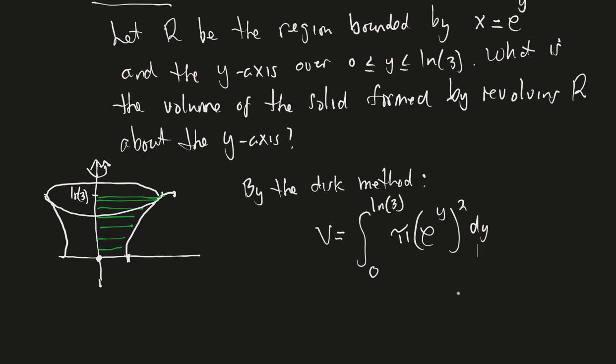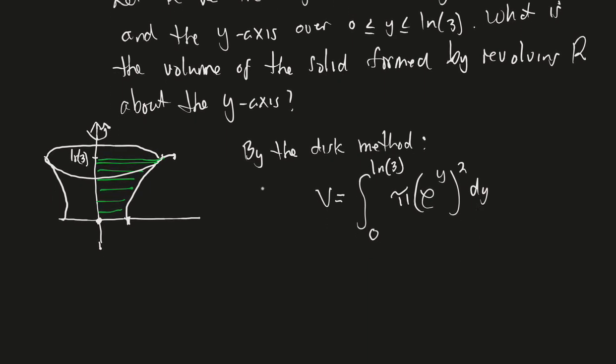And let's evaluate. Again, we can pull out the pi because it's a constant multiple. So we have pi times the integral from 0 to the ln of 3. Now this simplifies to e to the 2y. Again, when I multiply those two exponents, that's how it simplifies.